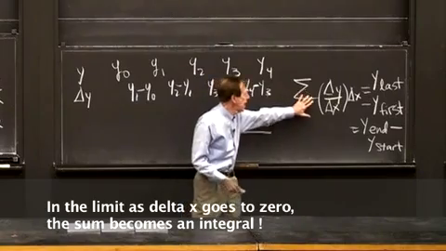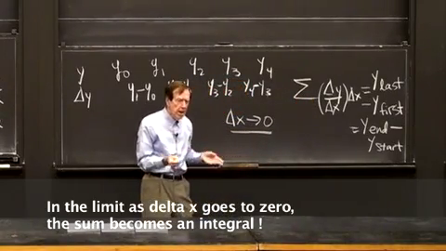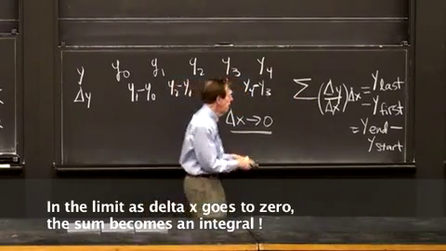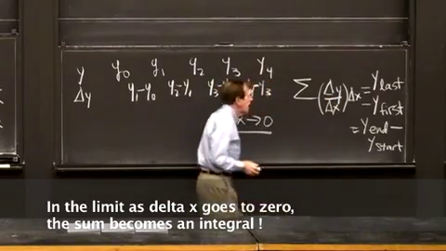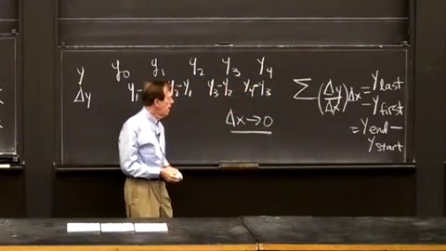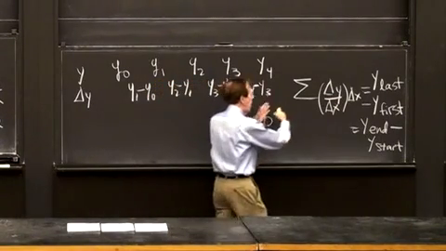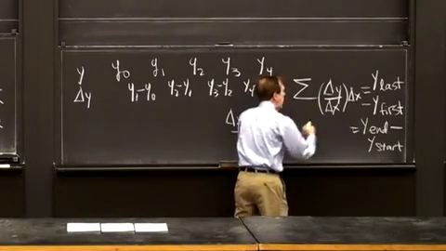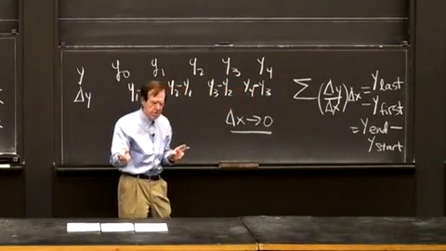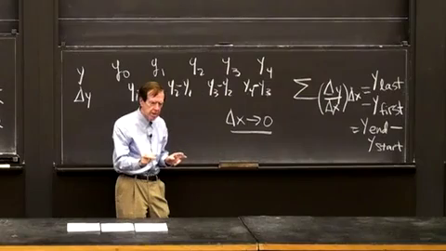But it's this that's changing as delta x goes to 0. This becomes dy dx. But this sum becomes times the little delta x's are going to 0.